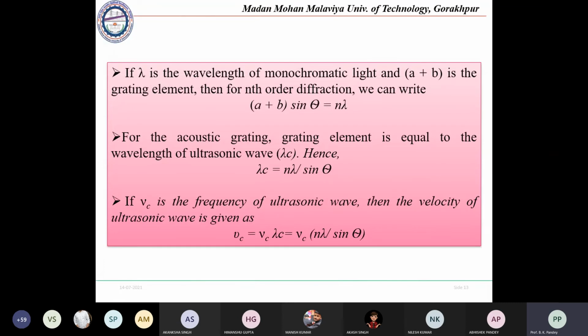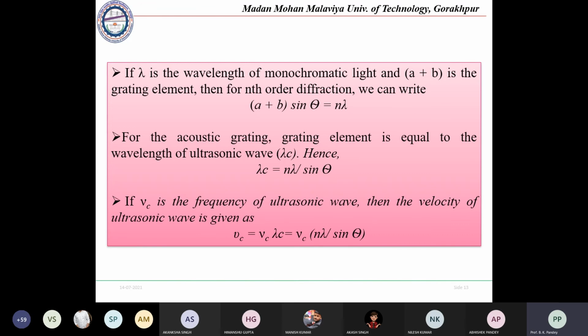If lambda is the wavelength of monochromatic light and A plus B is the grating element, then for the nth order diffraction, we can write (A plus B) sin theta is equal to n lambda. And what is A plus B? A plus B is the grating element, which is equal to the wavelength of what? Of the ultrasonic wave. Why? Because due to the ultrasonic wave, the rarefied and denser medium has formed there. So lambda c is equal to n lambda upon sin theta.